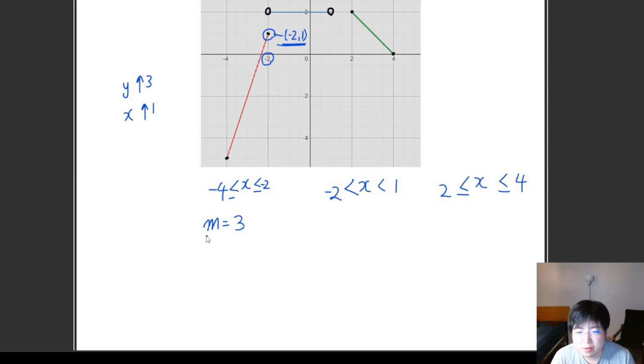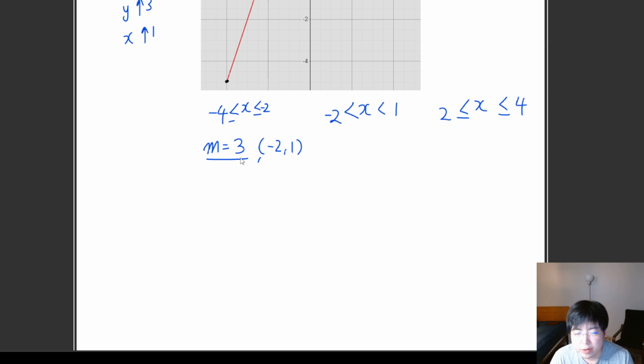So the slope is 3, and the point it passes through is (-2, 1). Now, based on point-slope form, we can find the linear equation. So y minus this number 1 equals slope times x minus this number negative 2.